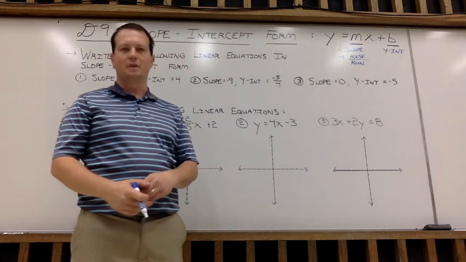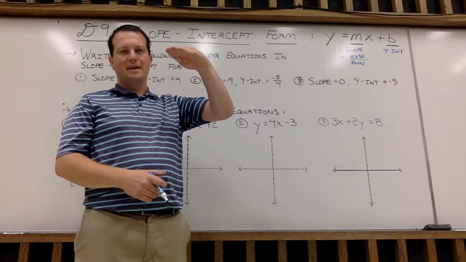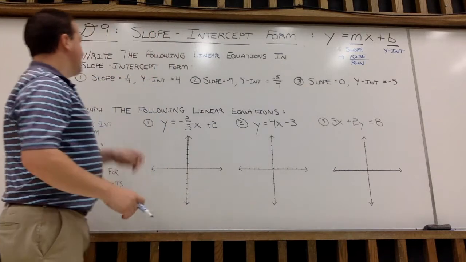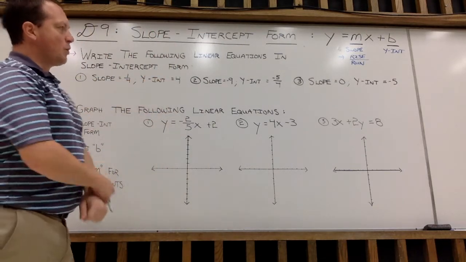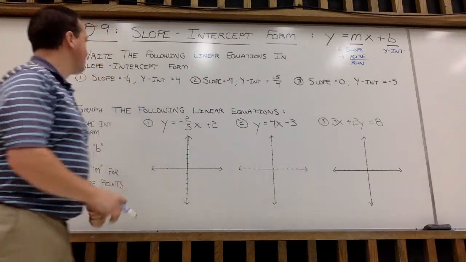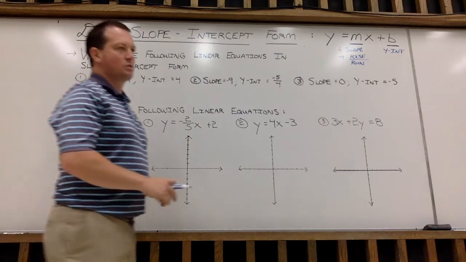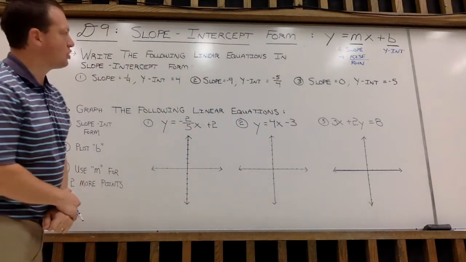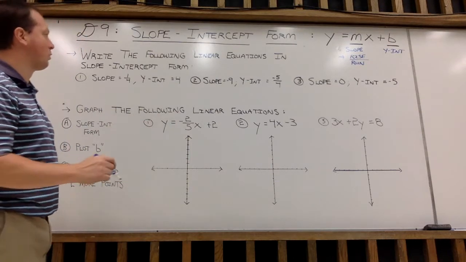If it's a positive number, that line is going to cross above 0. If it's a negative number, it'll cross the y-axis below 0. Before we get into some graphing, we're going to write 3 equations in slope-intercept form. I'm going to give you the slope and the y-intercept, and your job is to write the equation in y equals mx plus b form. Not very challenging, but we want to make sure we're all on the same page before we move forward.